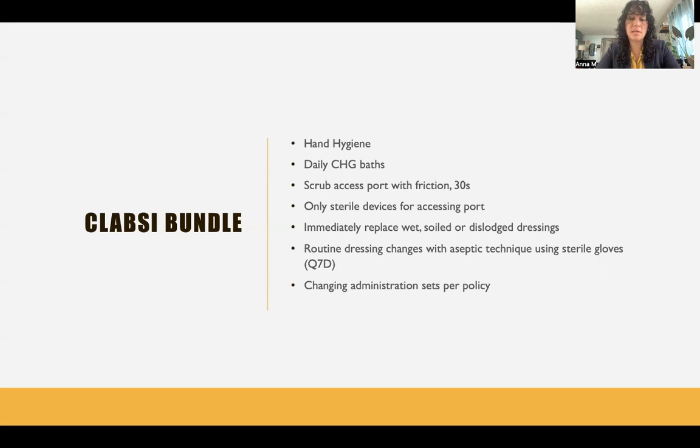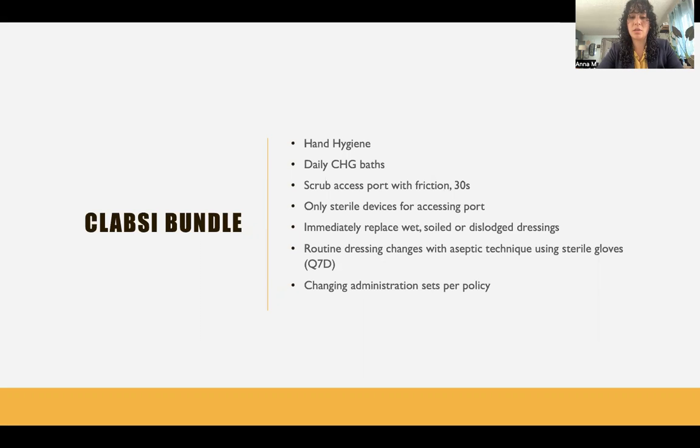This being said, the CDC has a CLABSI bundle. This includes hand hygiene, daily CHG baths, scrubbing the access port with friction prior to access for at least 30 seconds, only using sterilized devices for accessing the port, also immediately replacing wet, soiled, or dislodged dressings.